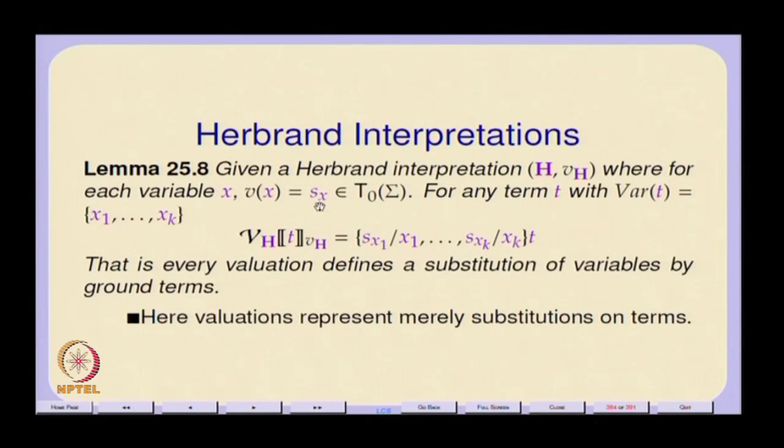Okay. So now a Herbrand interpretation is just a Herbrand algebra. This should be H of sigma, but often, when the sigma is understood, I will not mention it. And then there is a valuation where for each variable x I have a ground term, that is why it is violet in color, s x in T naught of sigma.